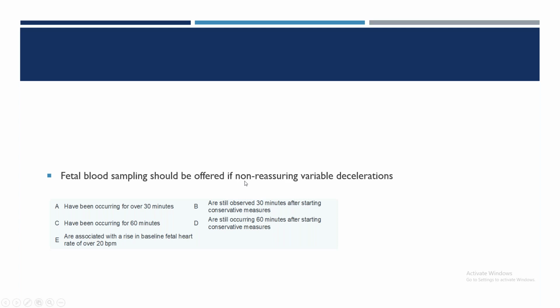Fetal blood sampling should be offered in non-reassuring variable deceleration. So when are you going to do the fetal blood sampling for this?